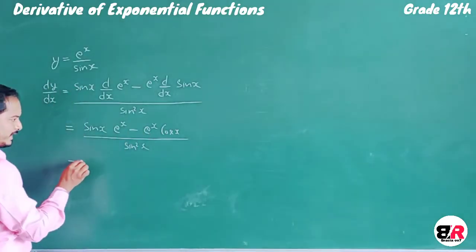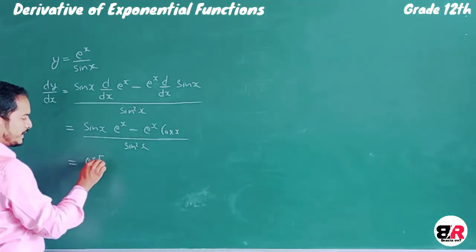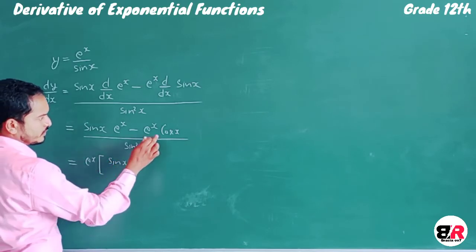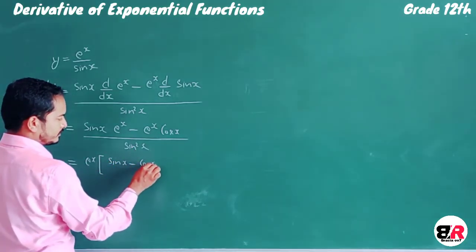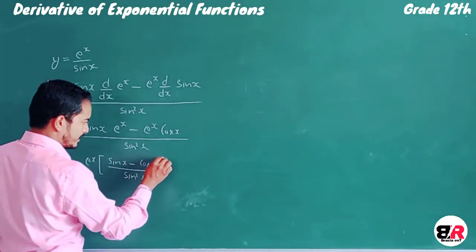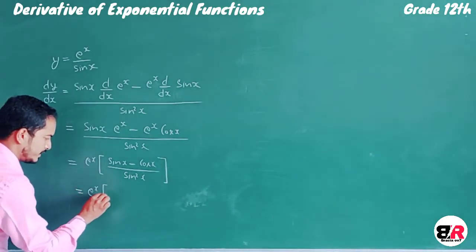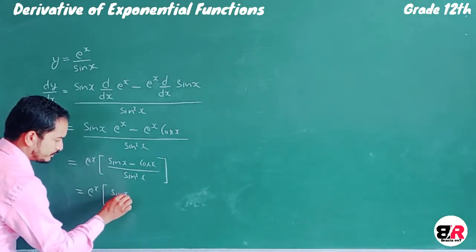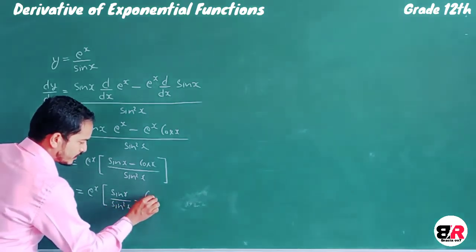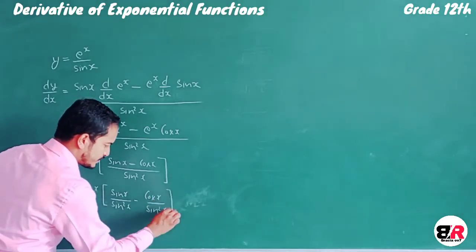Now simplify it again. e to the power x is common, then the remaining portion is sin x minus cos x upon sin square x. So we can again simplify it, then it will be e to the power x into sin x upon sin square x minus cos x upon sin square x.